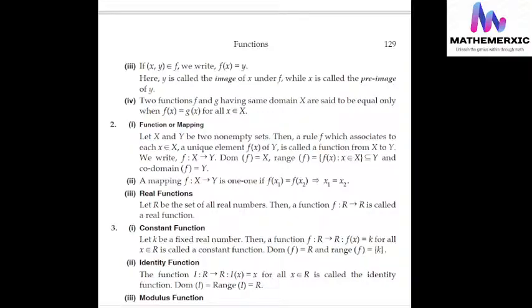f: X → Y is 1 to 1 if f(x1) = f(x2) implies that x1 = x2. That is 1 to 1: whenever the values are equal, x1 and x2 will be equal in that case. Real function: let R be the set of all real numbers, then a function f: R → R is called a real function.